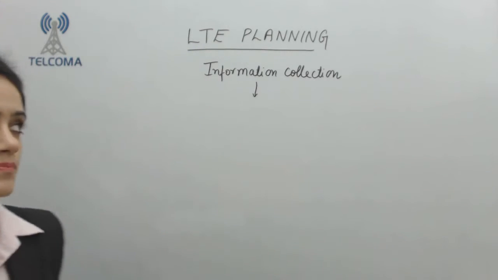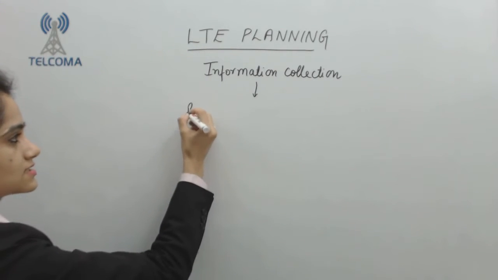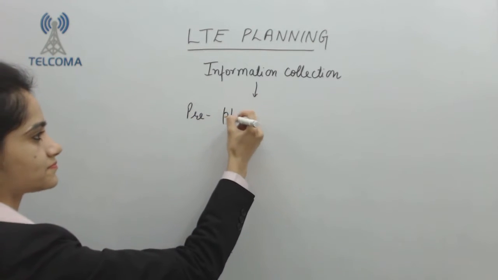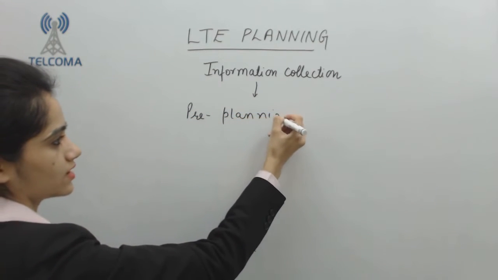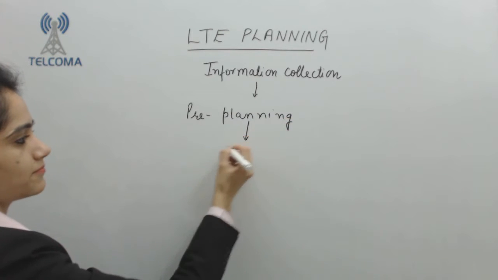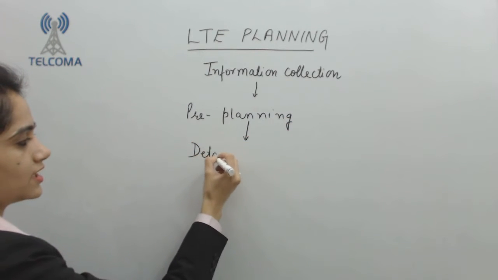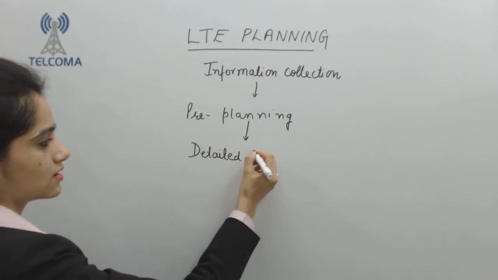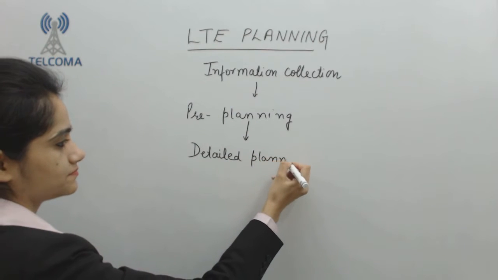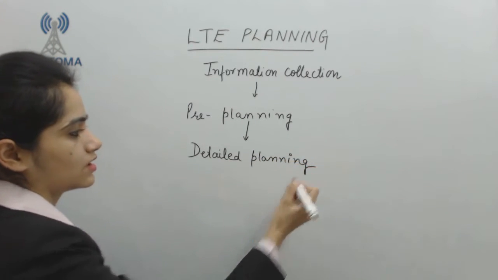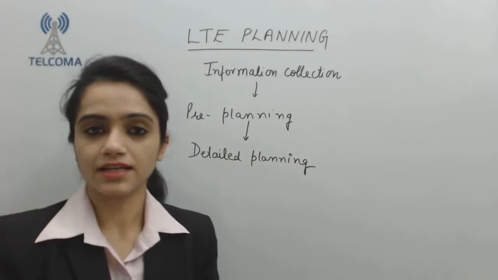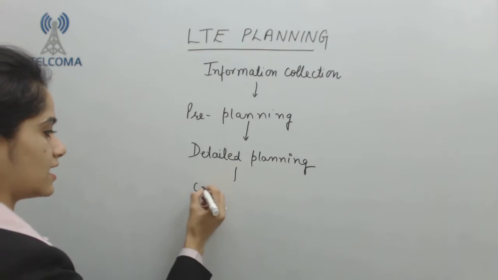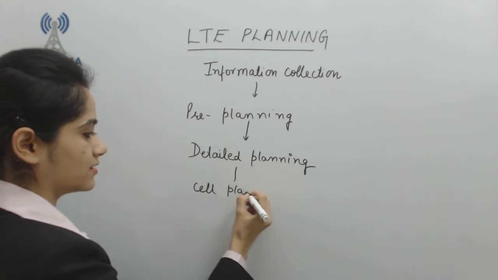Next step in planning is pre-planning. After pre-planning, we have detailed planning. Then we have the last one as cell planning.